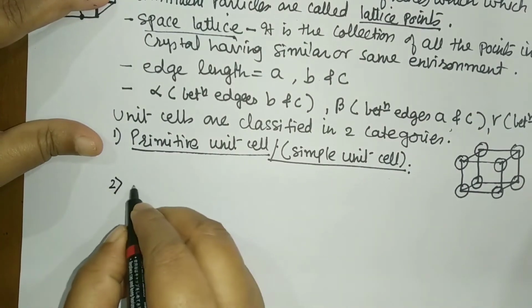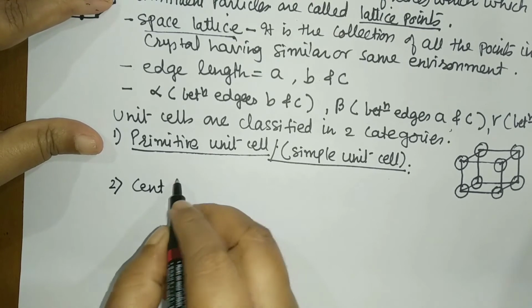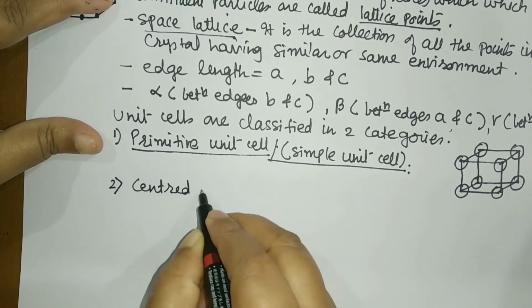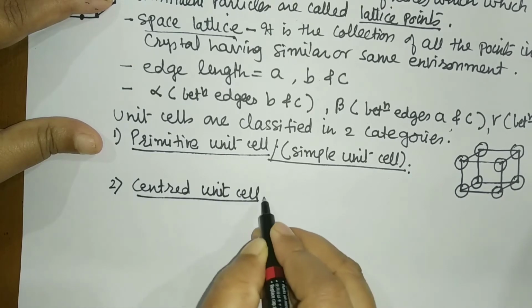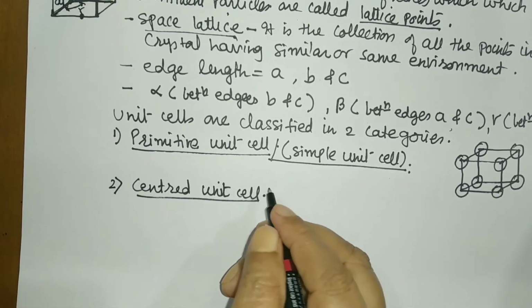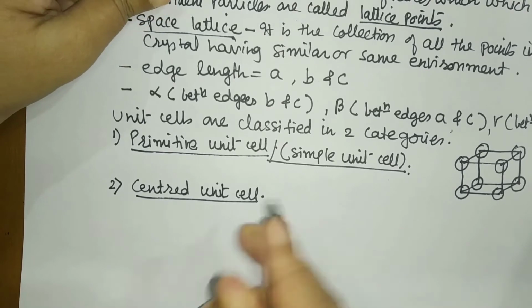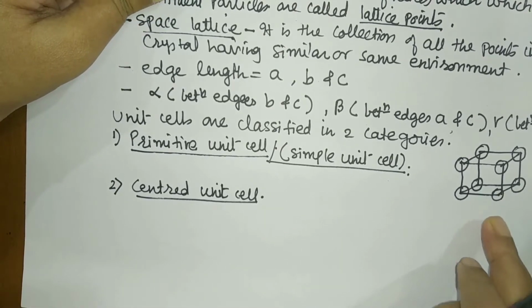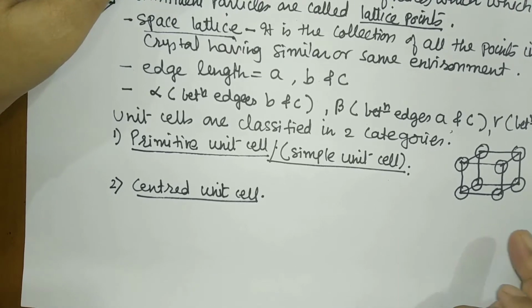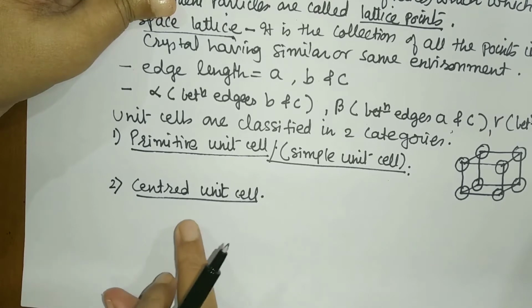Now what is the second type? Second type is called centered unit cell. Now what is the meaning of centered unit cell? When a unit cell has atoms at the corner, along with the atoms at the corner, there are atoms in the body or face or end centers, then we call it a centered unit cell.